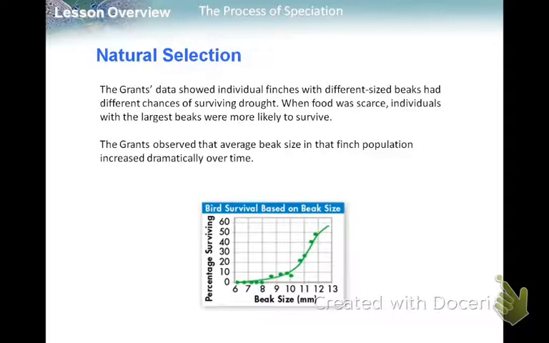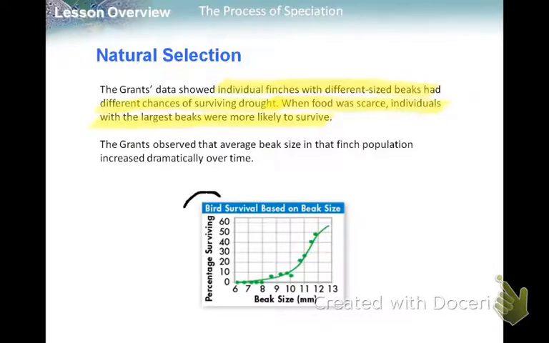Here's the data that the Grants have collected. They measured all different kinds of aspects of the finches. The individual finches with different sized beaks had different chances of surviving drought. And this is the kicker here. When food was scarce, individuals with the largest beaks were most likely to survive.